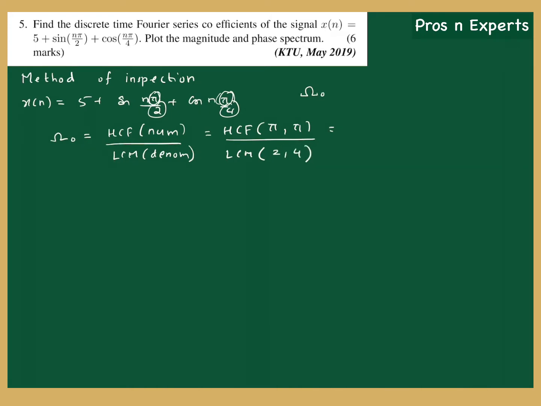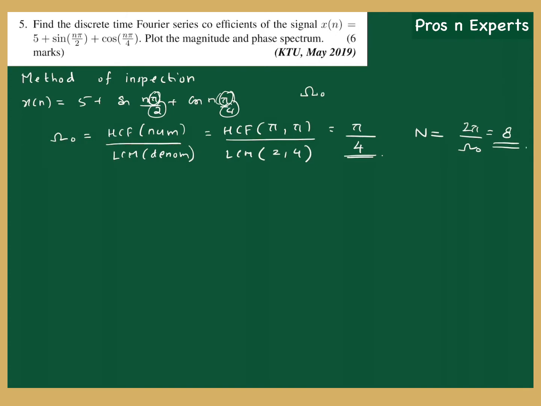What is the HCF of pi and pi? It is pi itself. Divided by the LCM of 2 and 4, which is 4. So pi by 4 is the omega 0 or angular frequency. And since pi by 4 is the angular frequency, N equals 2 pi by omega 0, which is 2 pi by pi by 4, equal to 8. So 8 samples.